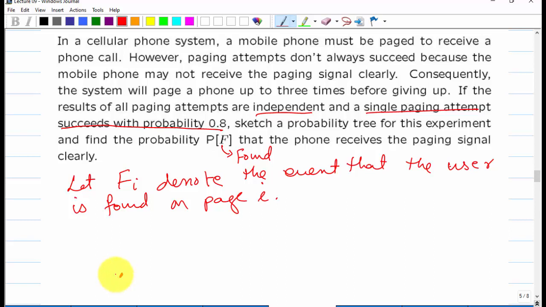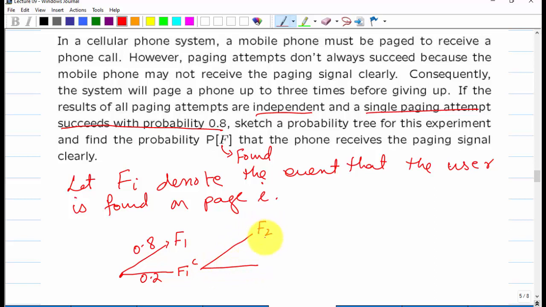We have whether the phone is found in the first attempt or not found, which we call F1 complement. The probability that a single paging attempt finds it is 0.8, and obviously its complement is 0.2. If the phone is not found, it will try again.